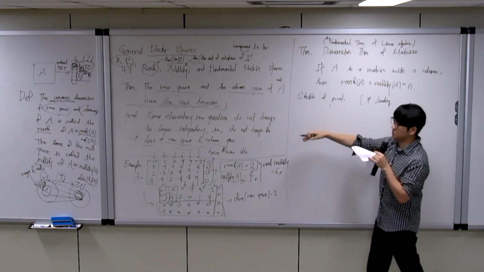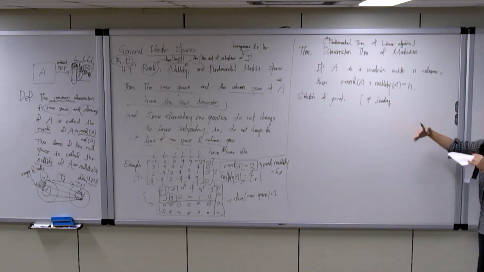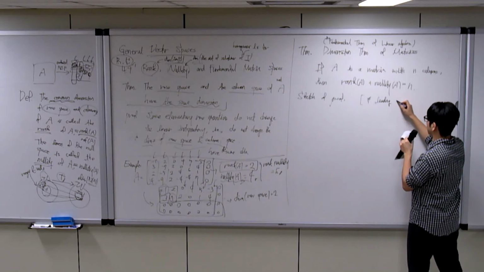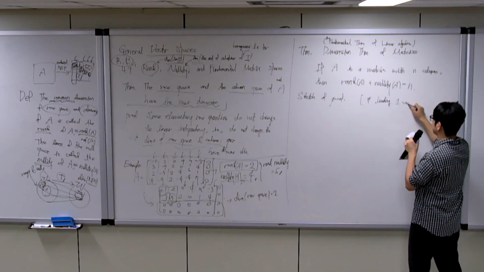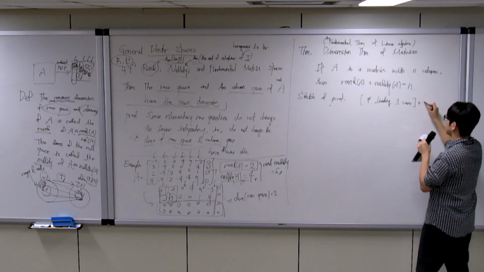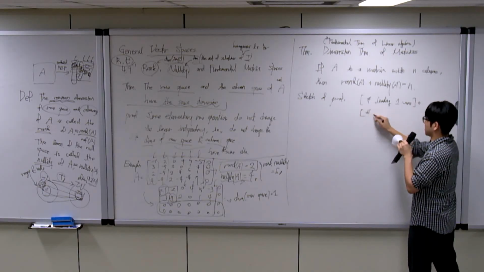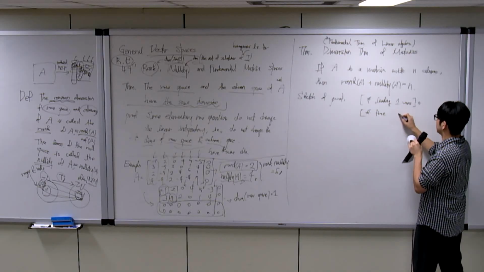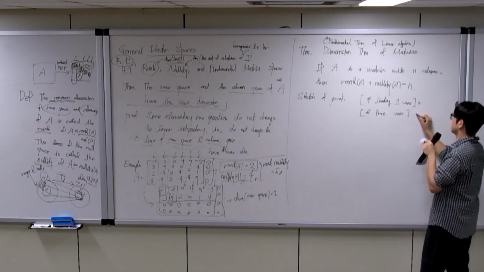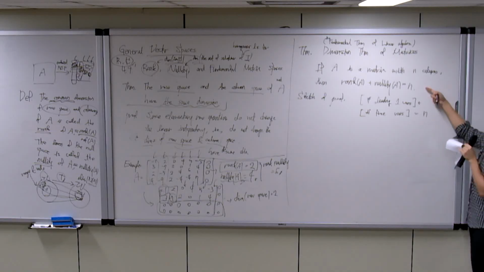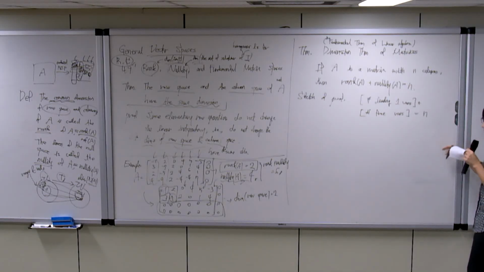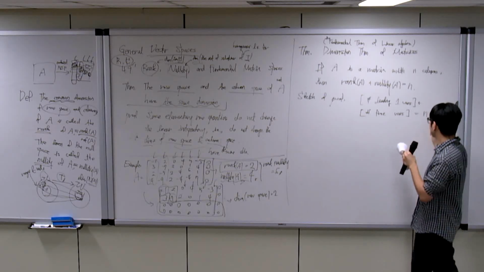When you calculate the row echelon form, the number of leading variables and the number of free variables will be the number of columns, or the number of variables. So that's all.